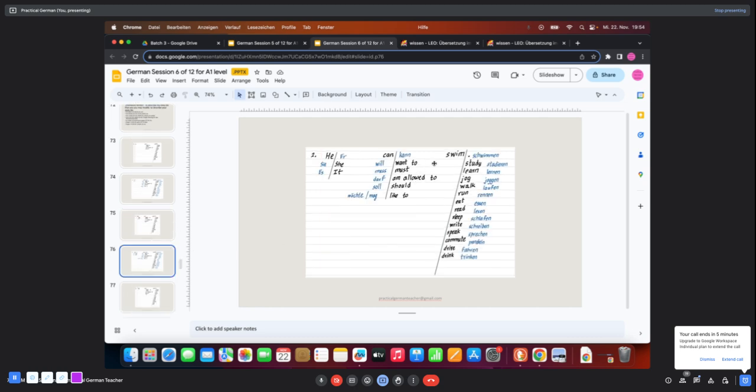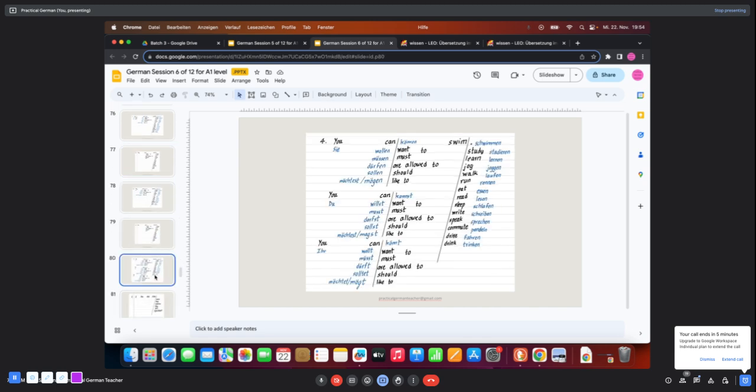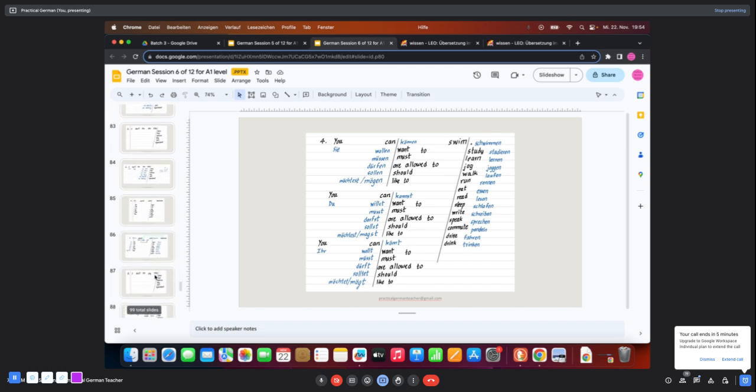So what you can do is make a list of all the verbs that are important for your life, and normally you don't need more than 500 to 1000 verbs. You already have like 15 over here, I believe. These are the same things.